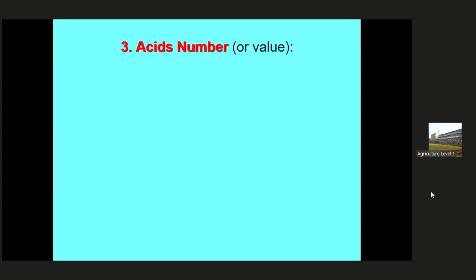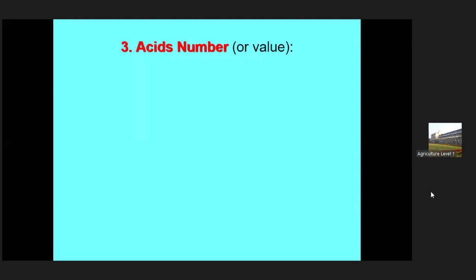If the ester linkage is broken down, that is called hydrolytic rancidity, then the fatty acid will be detached from the glycerol structure. This fatty acid is called free fatty acid. So if the hydrolytic rancidity is increased, then the number of free fatty acids in the fat will be increased.